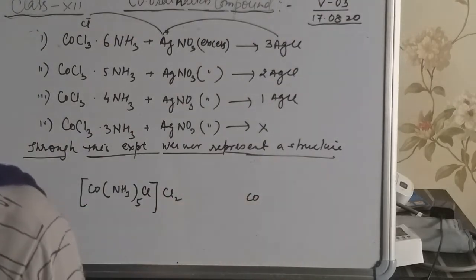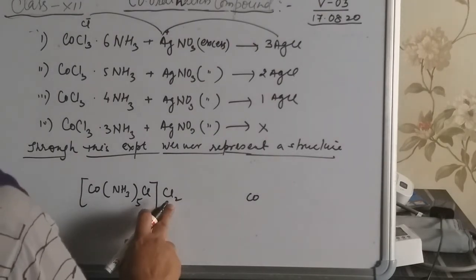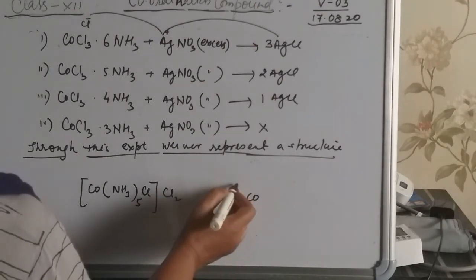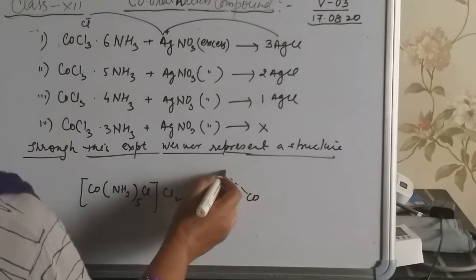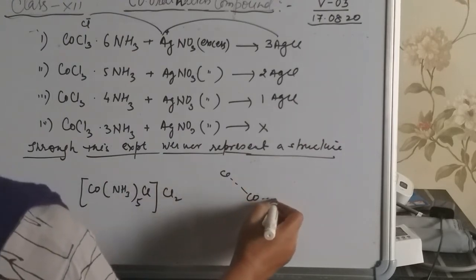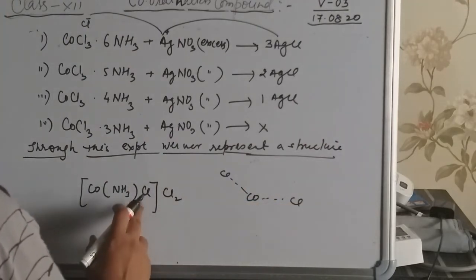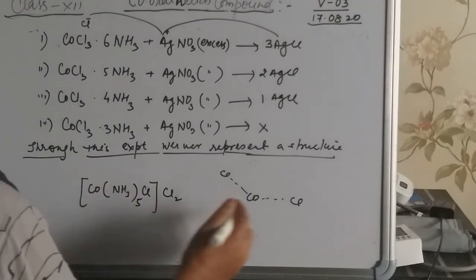Suppose this is the central metal and two primary valencies. So let's represent like this, two primary valencies like this, and 5 and 6 secondary valencies.